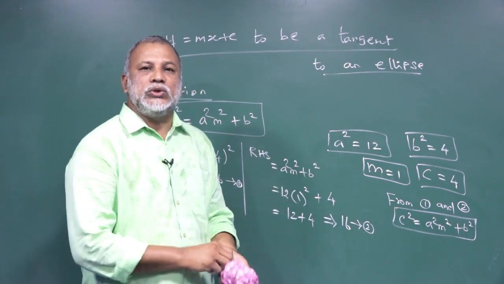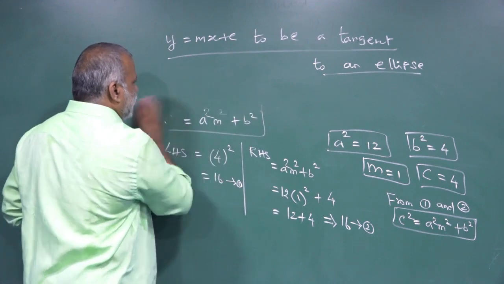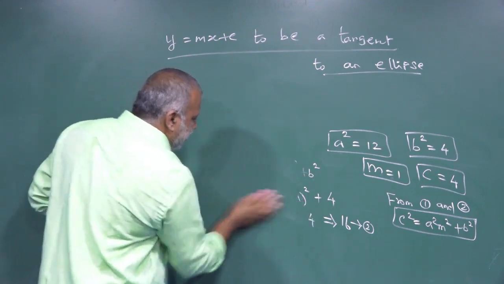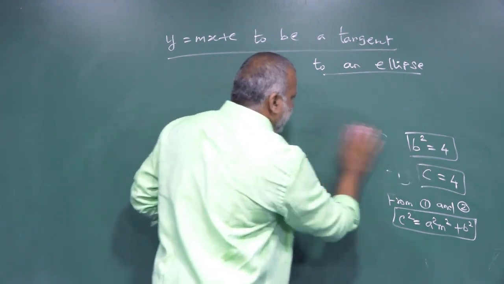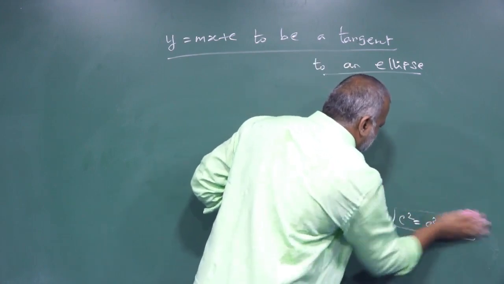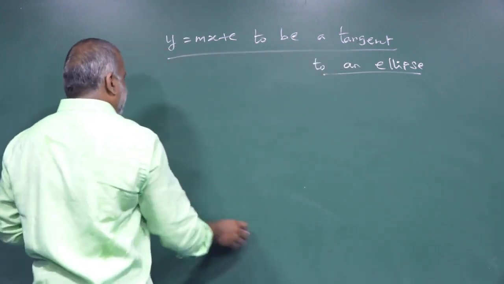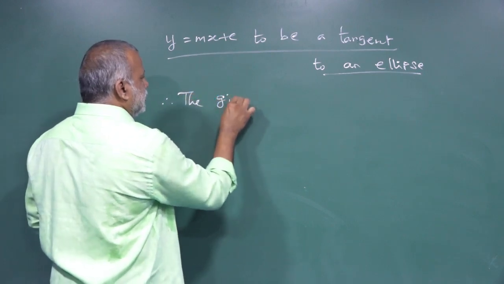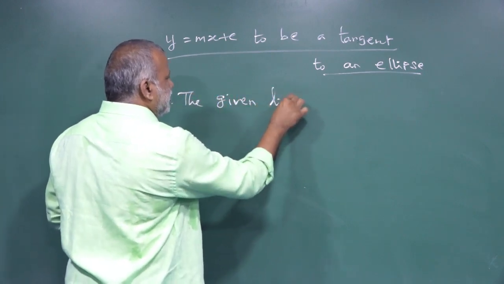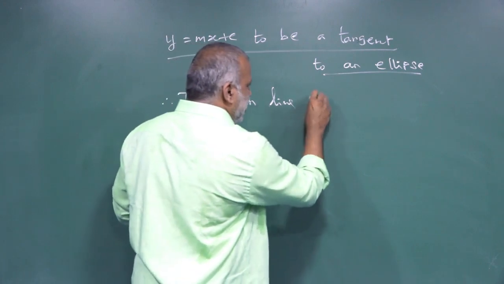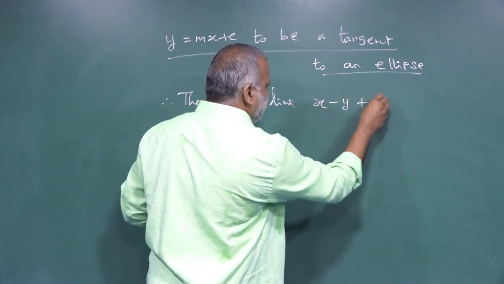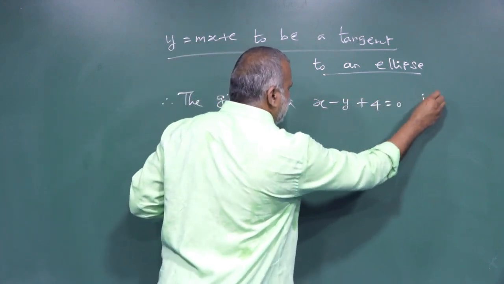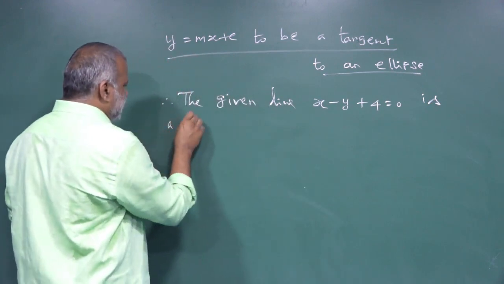Now your conclusion is, therefore, what is the conclusion now? The given line x minus y plus 4, that is the given line. So therefore write down the conclusion. The given line, what is the equation of the given line? x minus y plus 4 equal to 0 is a tangent.